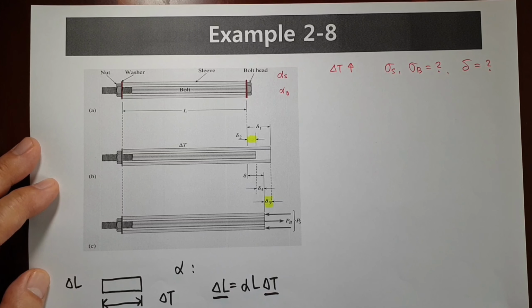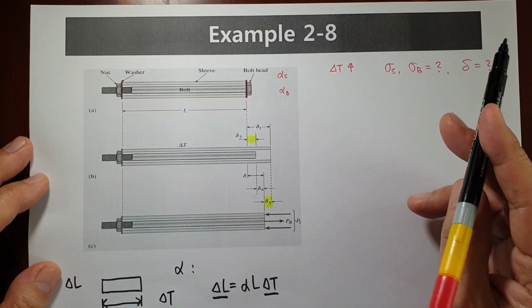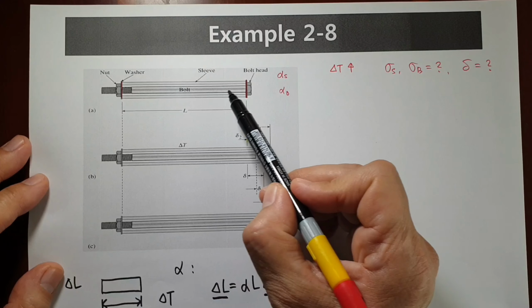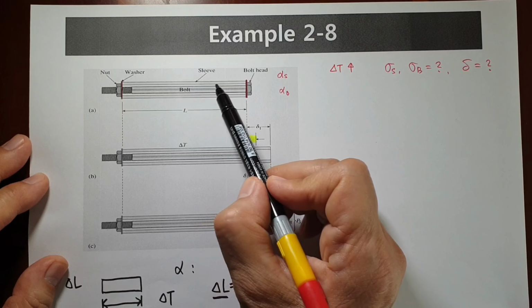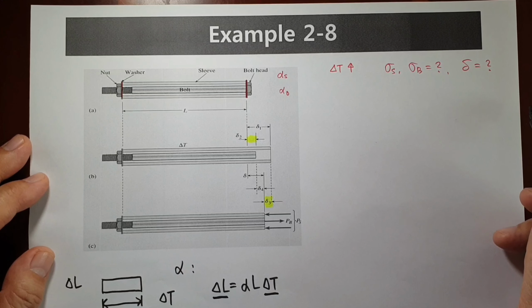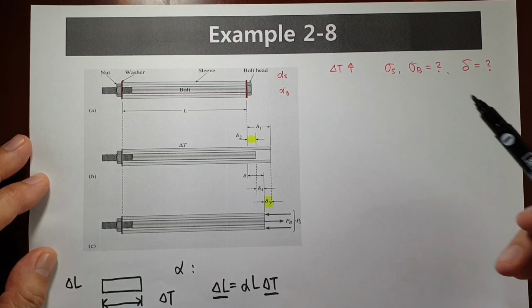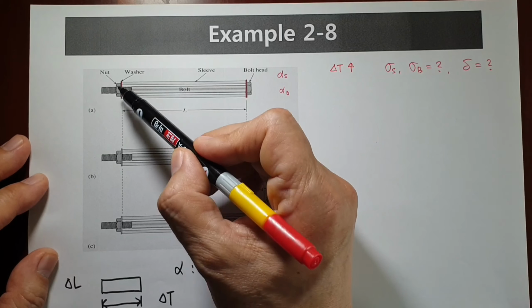Okay, now let's think about this problem. In this problem, we have an inside bolt, one bolt, and an outside sleeve. It's like this, bolt and sleeve, and it is combined; here a washer was used and some nut.